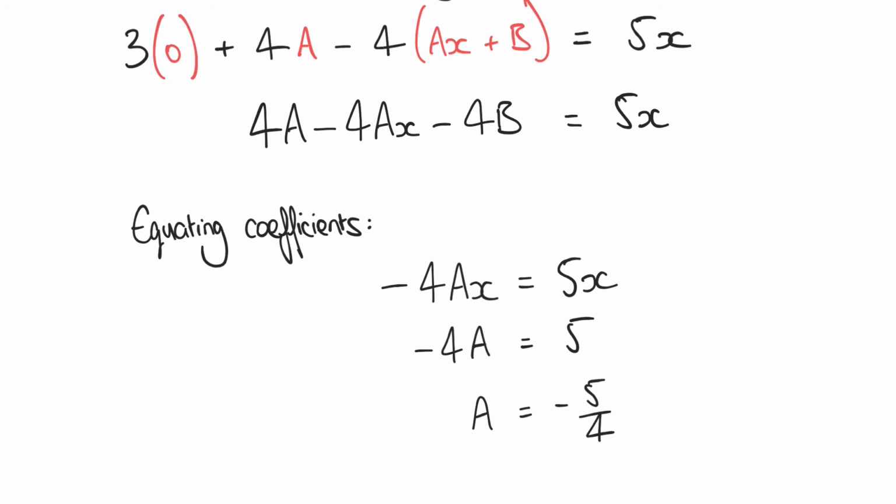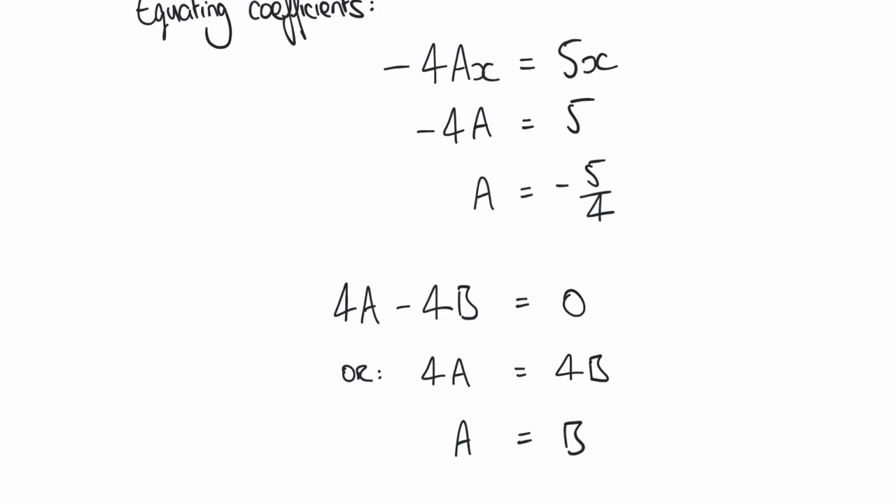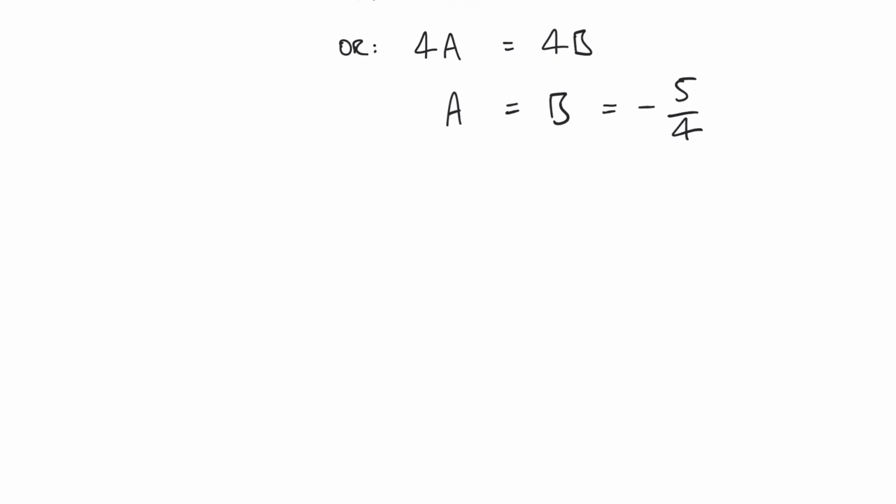Now that we've accounted for all the x terms in the equation, we can also account for all the non-x terms. On the left-hand side we have 4A minus 4B equals 0, because there aren't any constants or non-x terms on the right-hand side, and that means that 4A equals 4B, or A equals B, and so B must also be equal to minus 5 over 4 since B is equal to A. So we began with an initial guess for our particular solution.